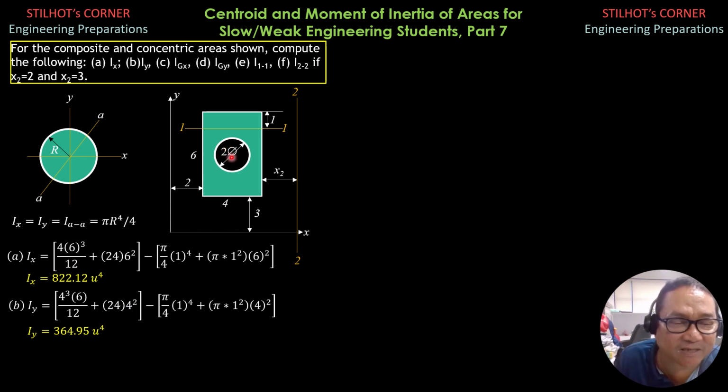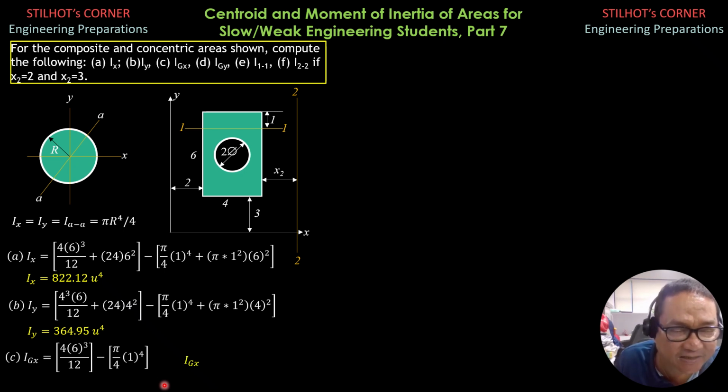If it is IGX, it is 4 times 6 cubed over 12 minus pi over 4 times 1 to the fourth. And that is equal to 71.21 units to the fourth.